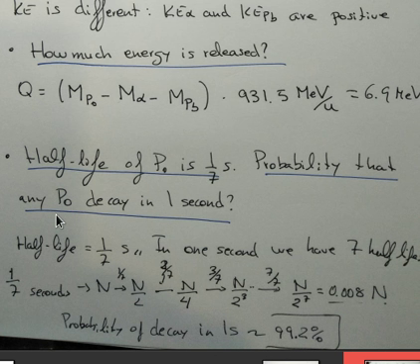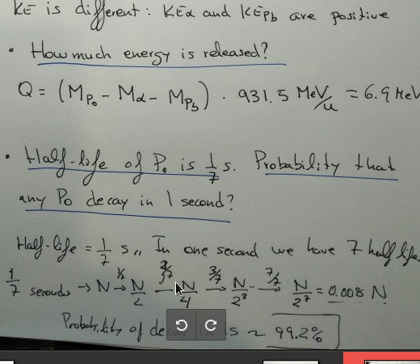We saw the definition of half-life and how it works, but in this case you have to solve it a little bit differently. You have to realize that half-life means that in 1/7 seconds the population is going to reduce by half, right? In the beginning we have N, and then we're going to have N/2 in 1/7 seconds. So what is going to happen in the next 1/7 seconds?